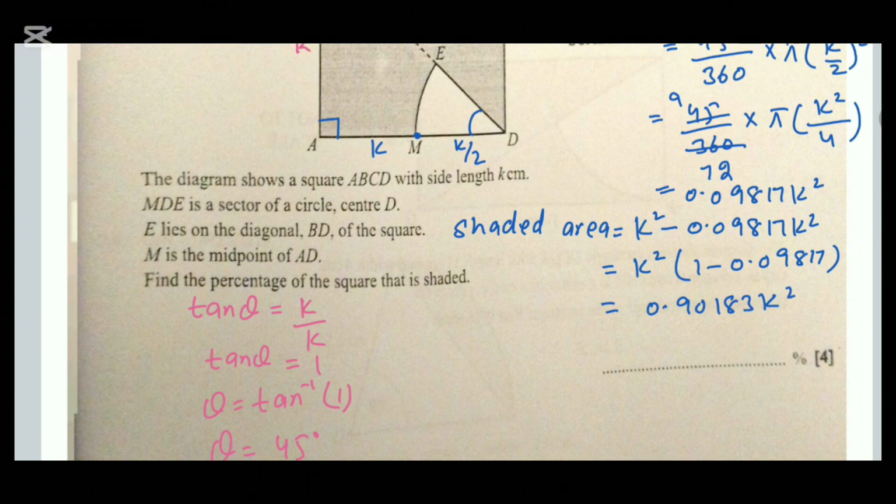K square. Okay. So now they are asking to find a percentage. You have to read the question very carefully. Percentage, how will you find percentage? Area of shaded over area of total, multiplied by 100.